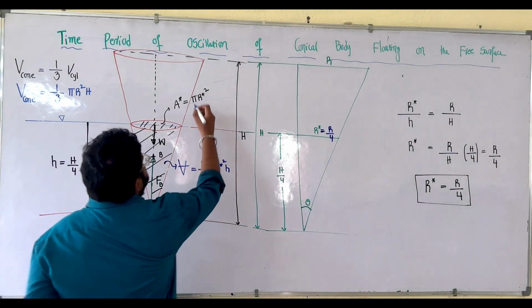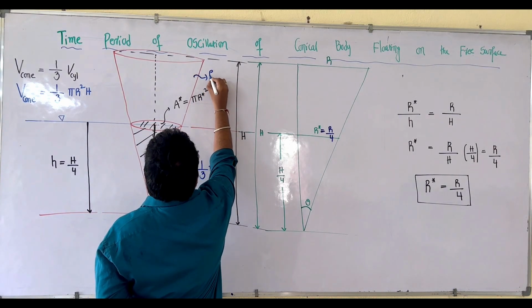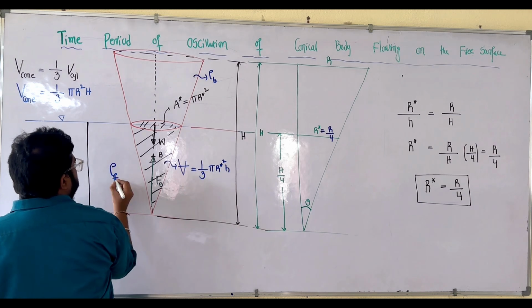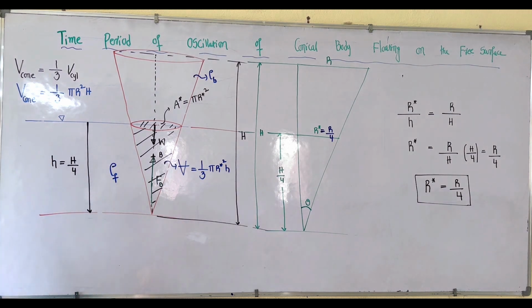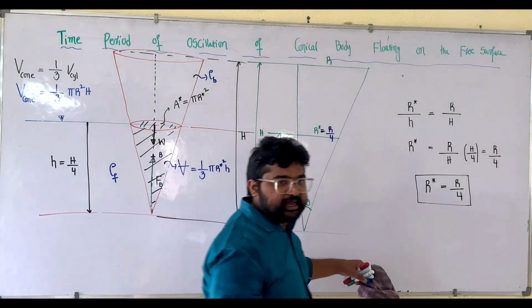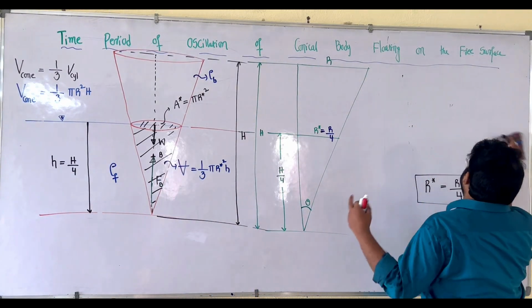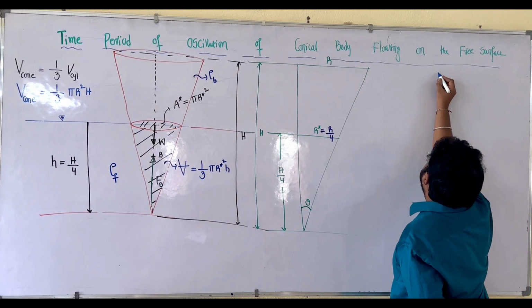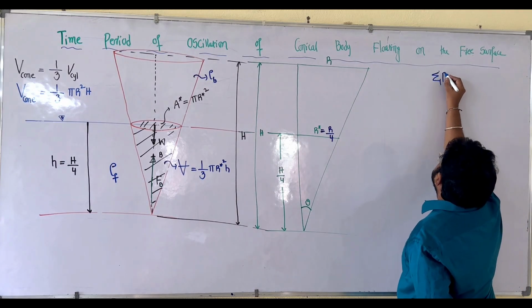Then what is the density of the body? Density of the body and density of the fluid. This is the free surface. Clear? Now tell me, the weight of the body is balanced by hydrostatics.